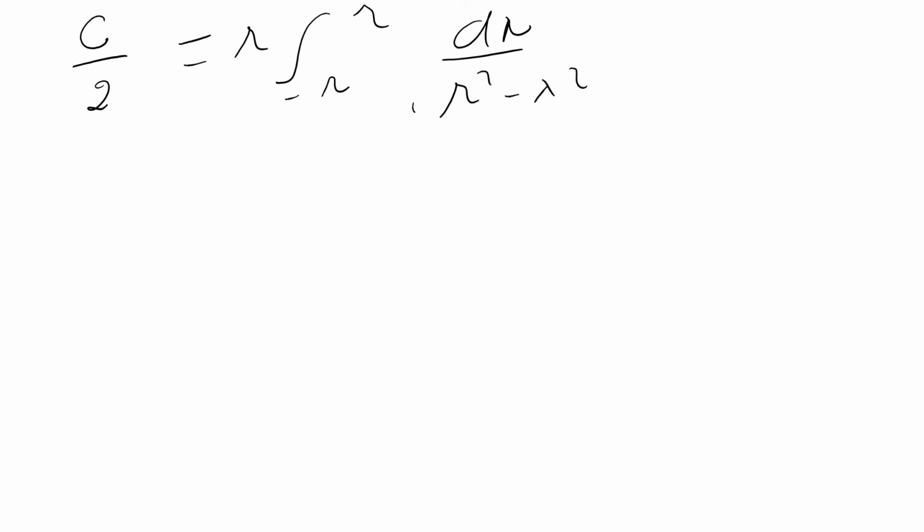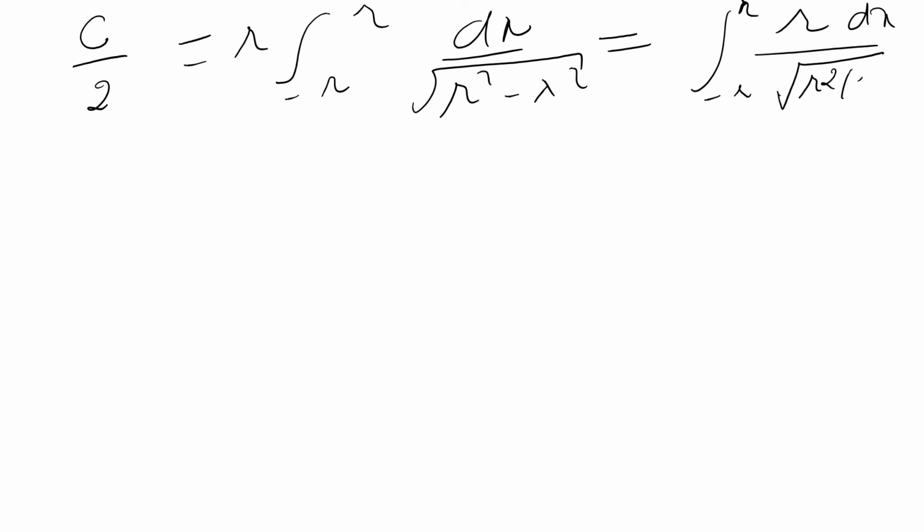We have C over 2 is equal to the integral from negative r up to r, there is r, then dx over the square root of r squared minus x squared. This is the same as writing r times the integral from negative r to r of dx over the square root of r squared times (1 minus x squared over r squared).